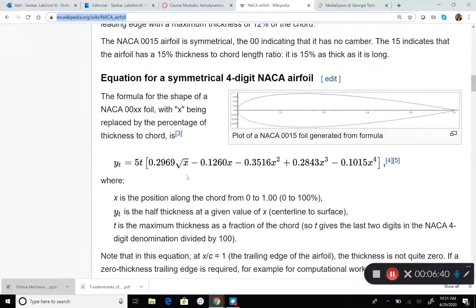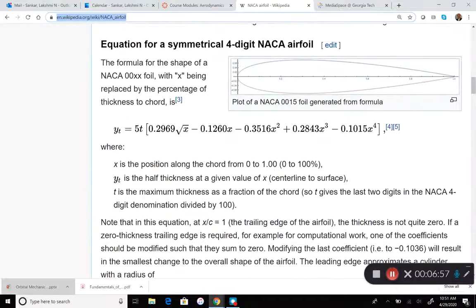X is the position along the chord from 0 to 1. So, for example, 10% means 0.1, 20% means 0.2, and so forth. Middle of the chord would be 0.5. And T is the thickness. It's also a fraction of the chord. For example, if it's a 12% thickness, T would be 0.12.